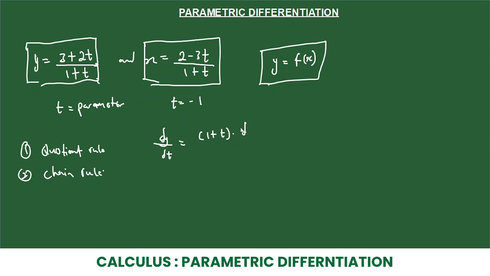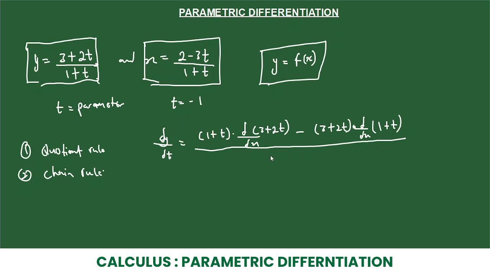Then you differentiate the numerator, so d of 3 plus 2t over dt, minus, then you maintain the numerator, so 3 plus 2t, multiplying the derivative of the denominator, so 1, all divided by the denominator squared, so (1 plus t) squared, right?